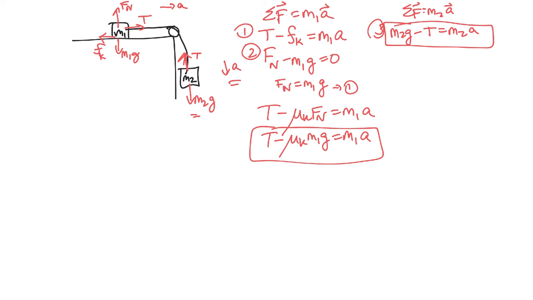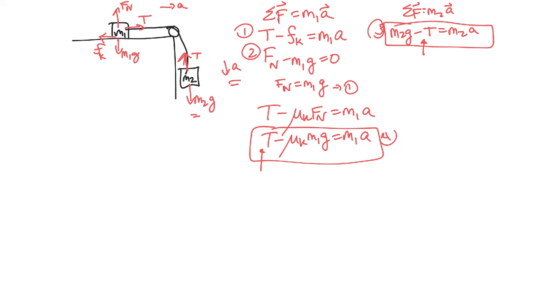And you guys seem to be wondering how do I figure out how to combine these things? If I want to solve for this acceleration, I want to get rid of T. Looking here, one of my equations has a minus T in it, and the other one has a positive T. So if I add them, I know it'll go away, right?